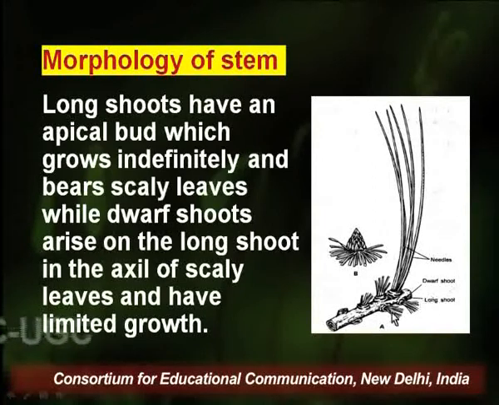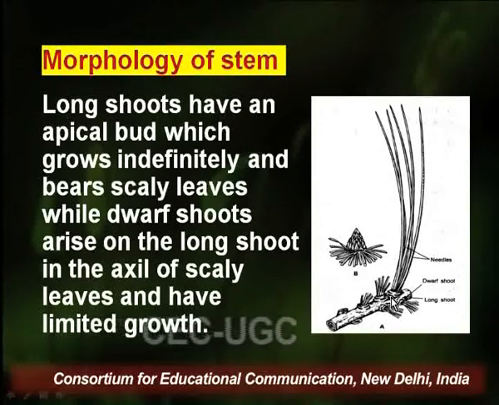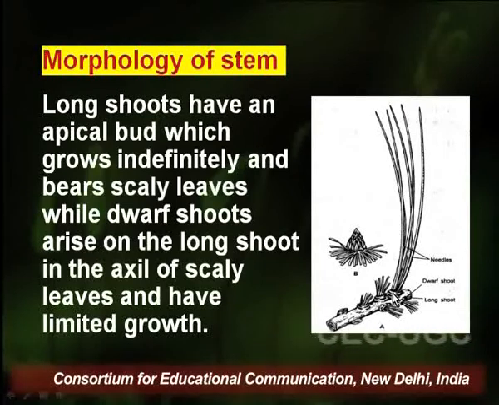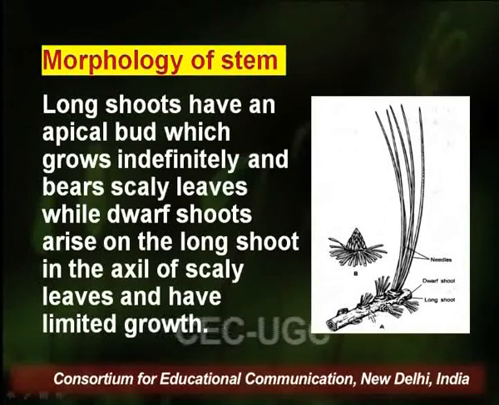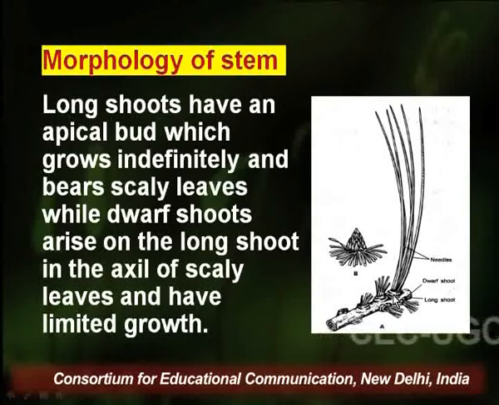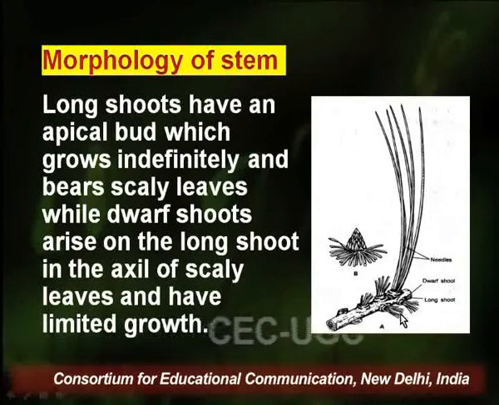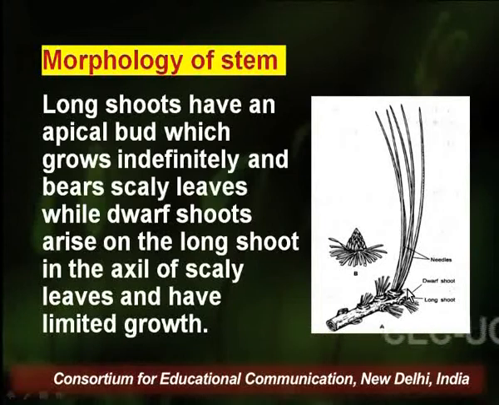You can very well see in this diagram that a long shoot has scaly leaves. These scaly leaves also act as protectors to the dwarf shoots which are going to come out from these long shoots. And the leaves are also dimorphic. There are certain leaves which are scaly in nature, and then there are certain leaves which are long foliage, also termed as needles in case of conifers.